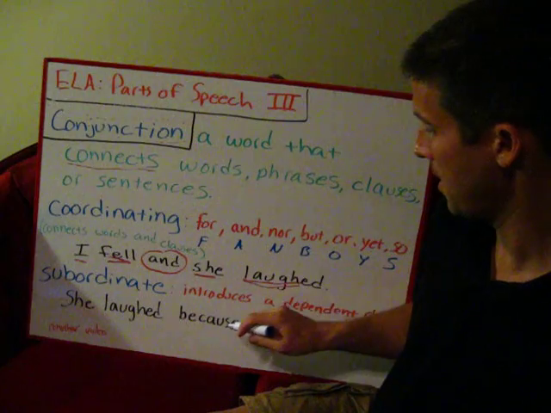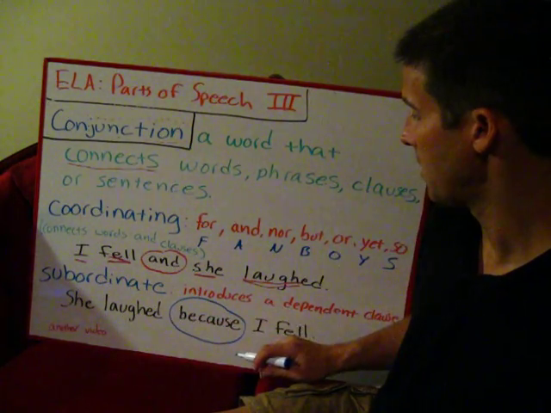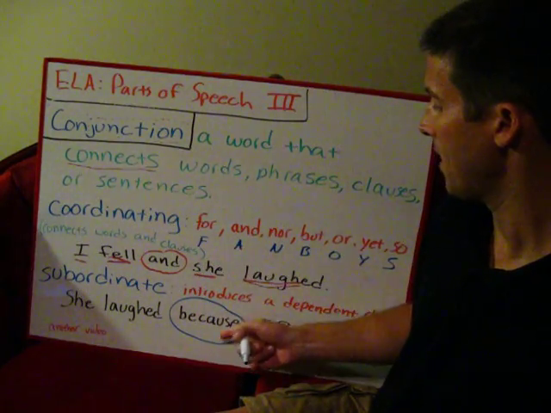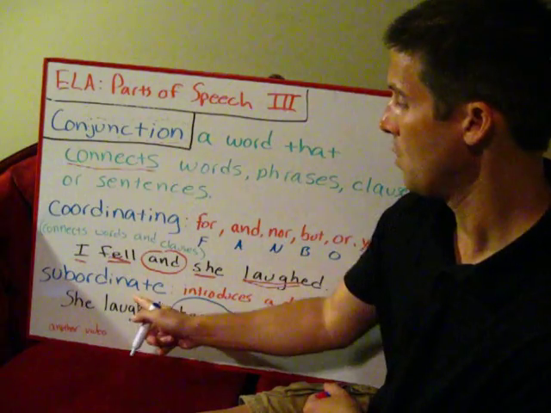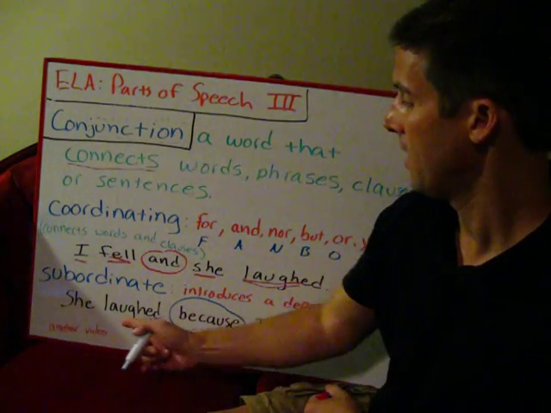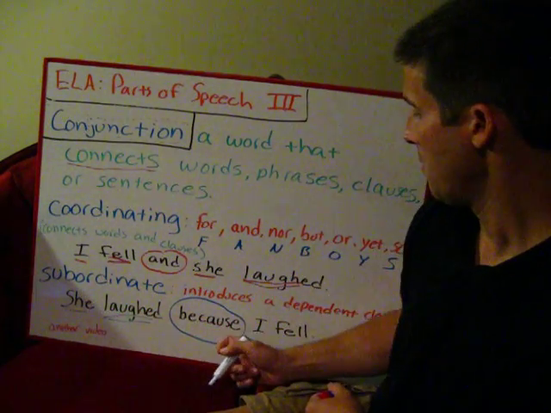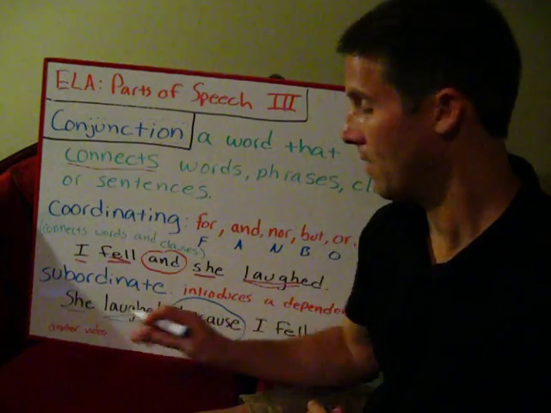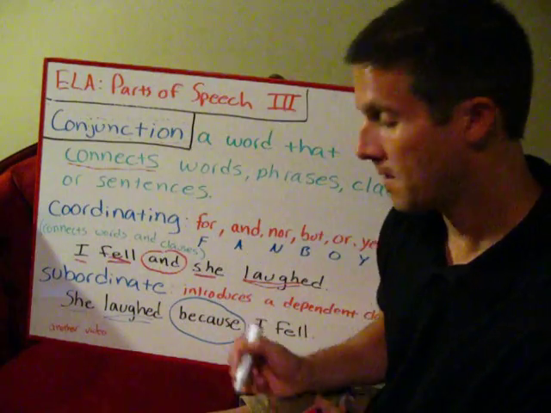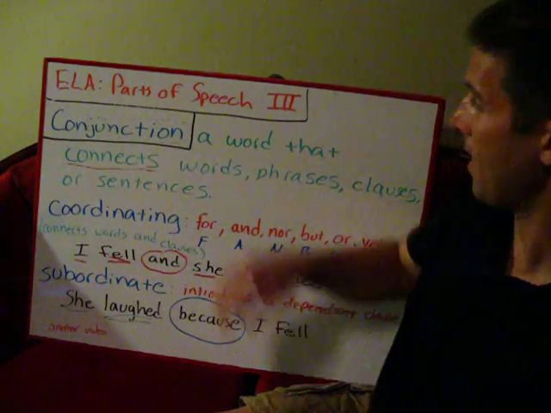This word, because, connects the two, but the word because is not in FANBOYS. So it's not a coordinating conjunction. We would call it a subordinate conjunction. She laughed, which is a subject and a verb, because I fell. If we said because I fell by itself, it doesn't make any sense. So this word introduces a dependent clause. We'll talk about that in the other video.